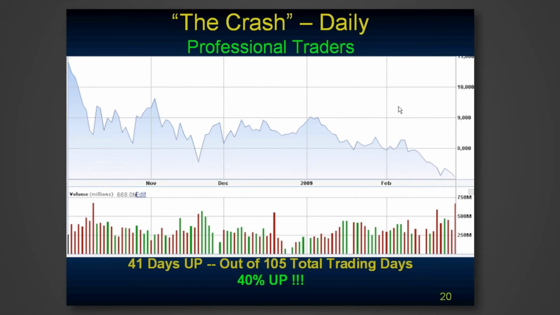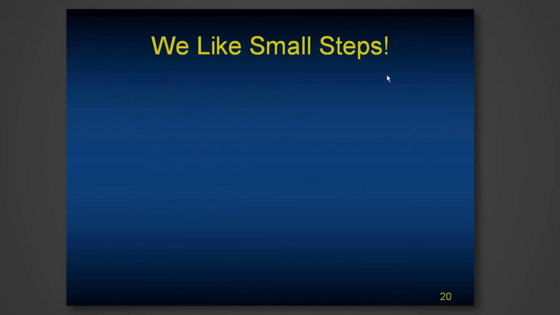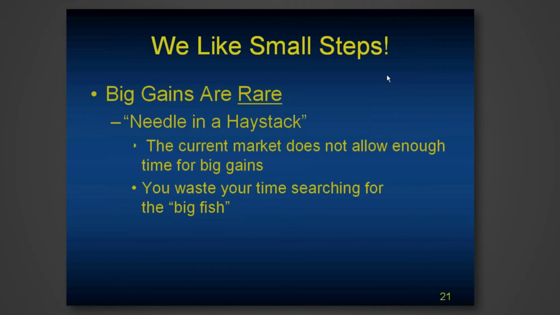This is why: they were in and out during the crash, because the crash really wasn't a crash on a daily basis. There was a lot of volatility and an overall downward trend, but there were always upside opportunities happening in the cracks of the market. So for short-term traders, what crash? There really was no crash.